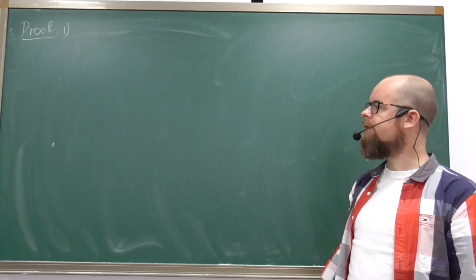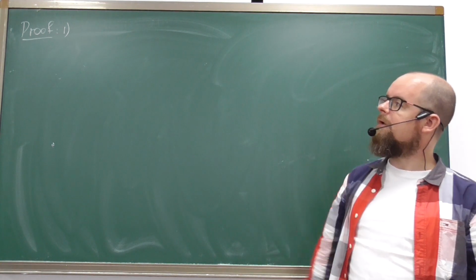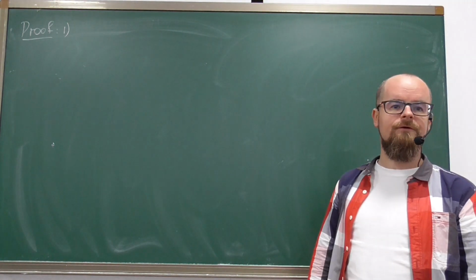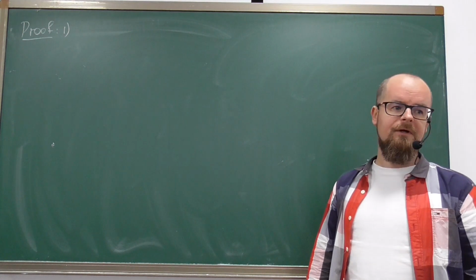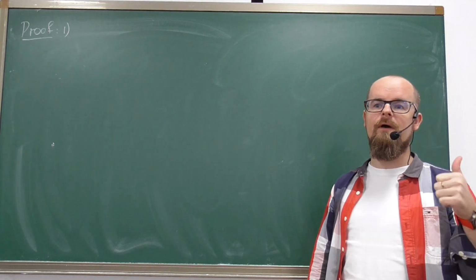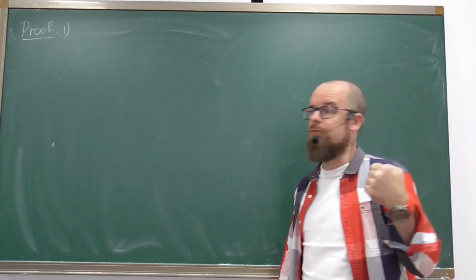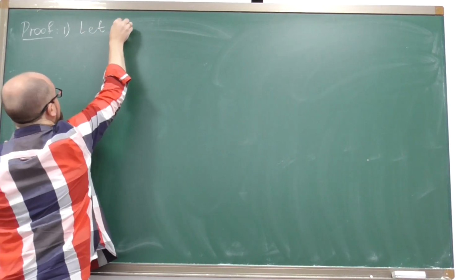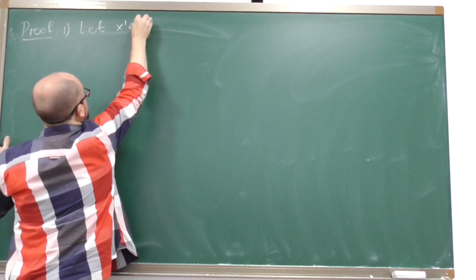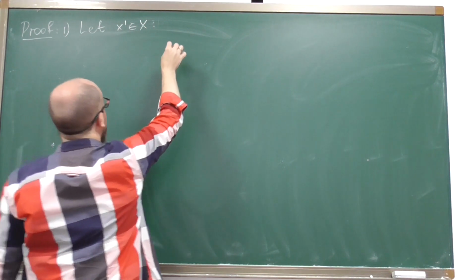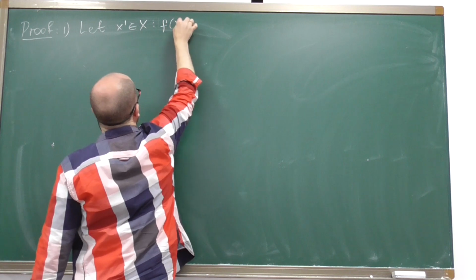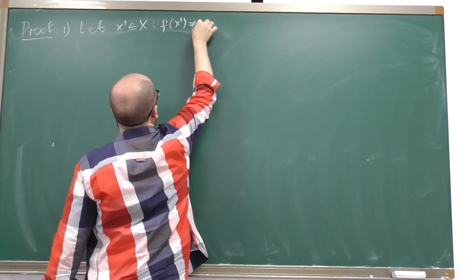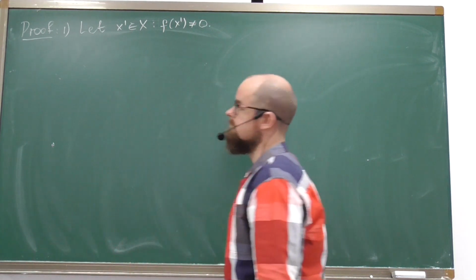So let us first, since we initially assume that f is not identically 0, then there exists at least one point where f is non-zero. Let's take a point x prime where the functional is non-zero.